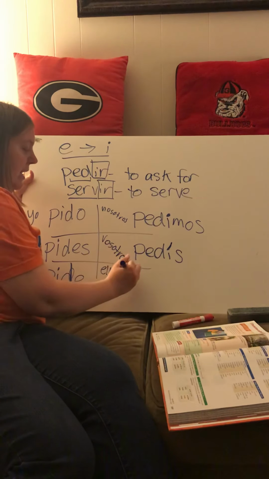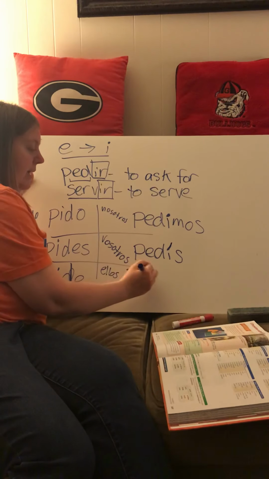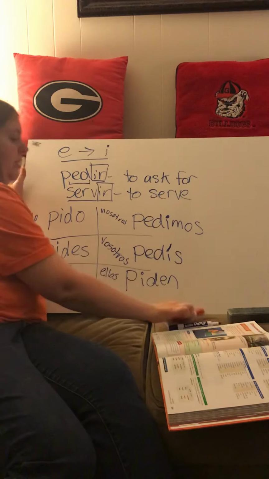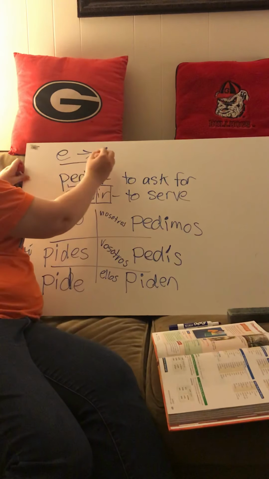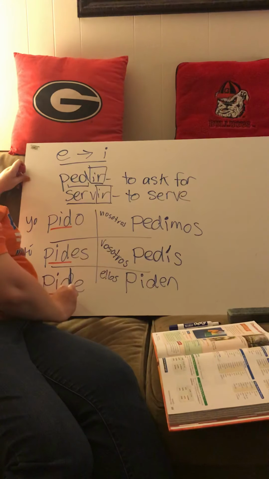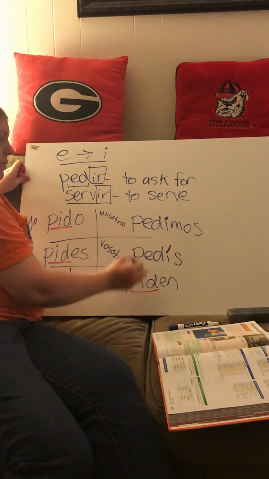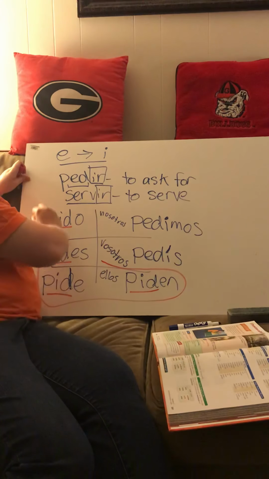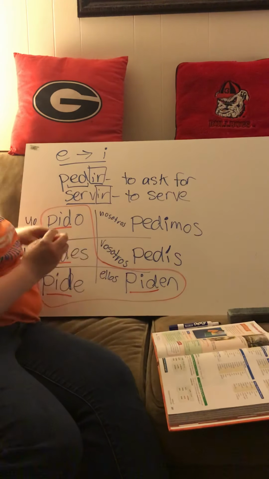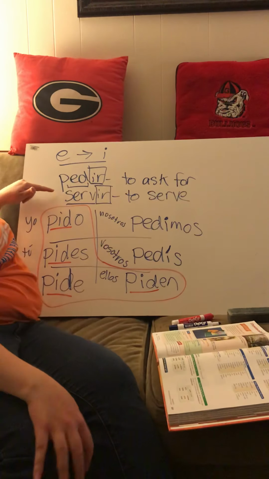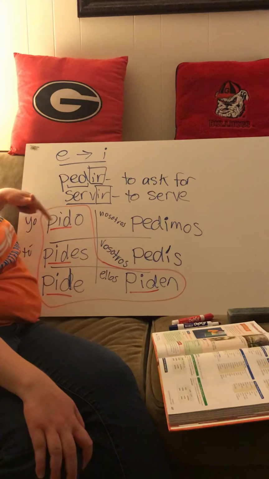Ellos, ellas, ustedes is PIDEN. Alright, so let me show you the stem change. E to I, and yo, tú, él, ellos, but not in nosotros and vosotros. So if you want, there is your shoe. Okay, servir does the same thing, except it's SERV rather than P and D.